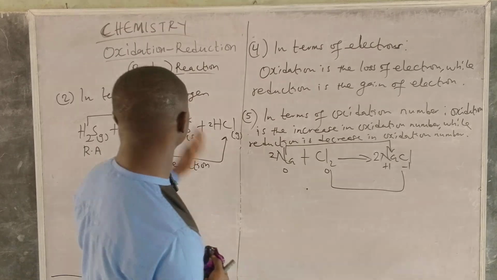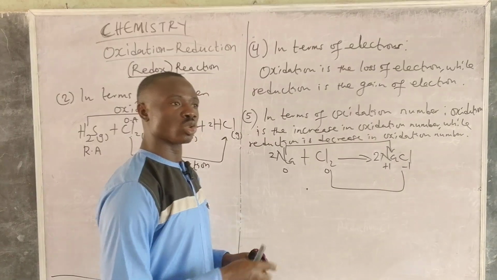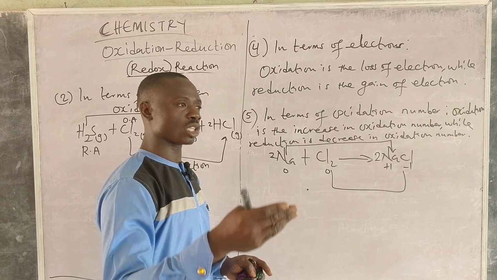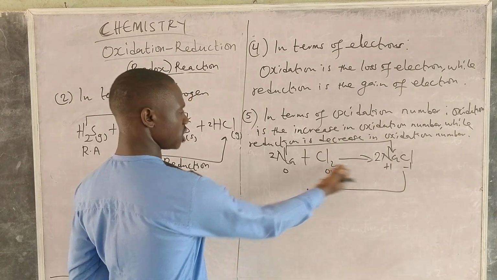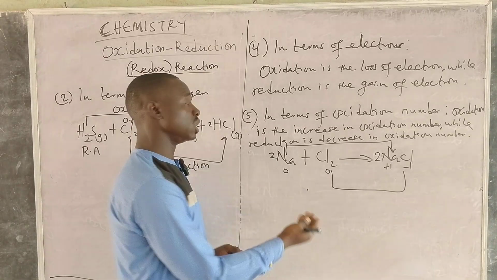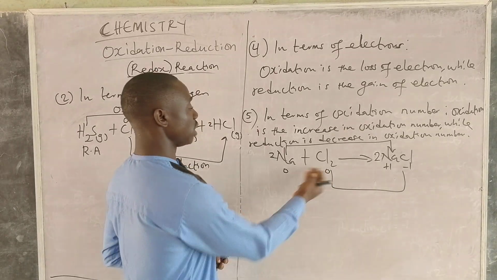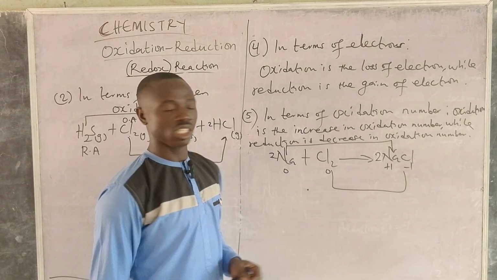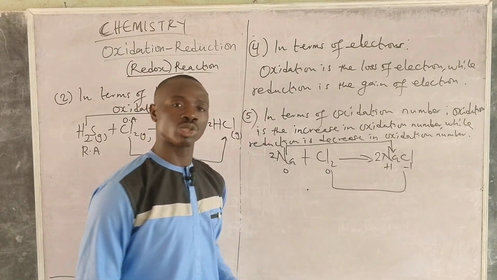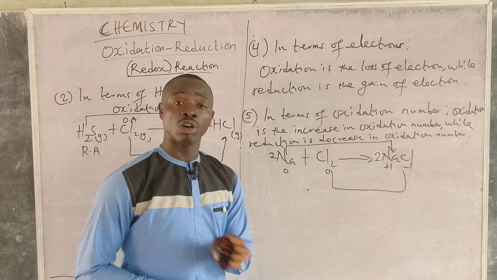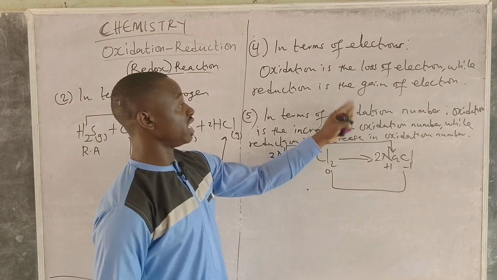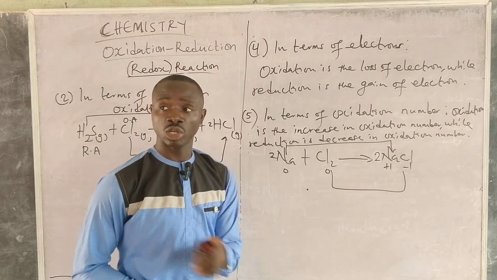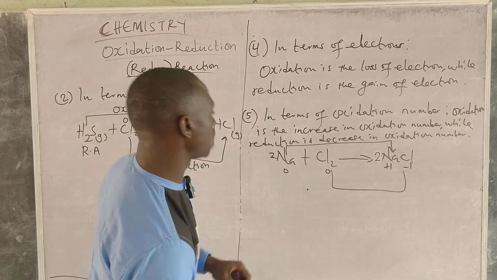But you cannot use hydrogen to define oxidation reduction for some reactions. You cannot even use oxygen. Look at this equation, for example. There's no hydrogen here, there's no oxygen here. So the definition of oxygen and that of hydrogen is highly limited in this equation. But you can use the changes in oxidation number to determine whether you have oxidation or reduction in this reaction.